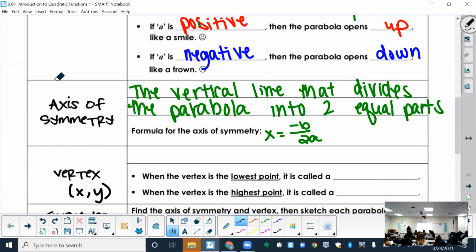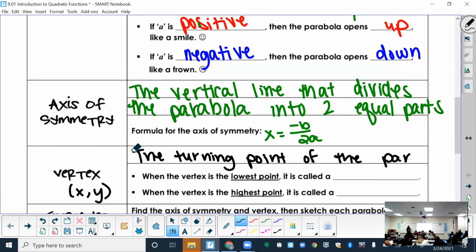The vertex is going to be the turning point of the parabola.